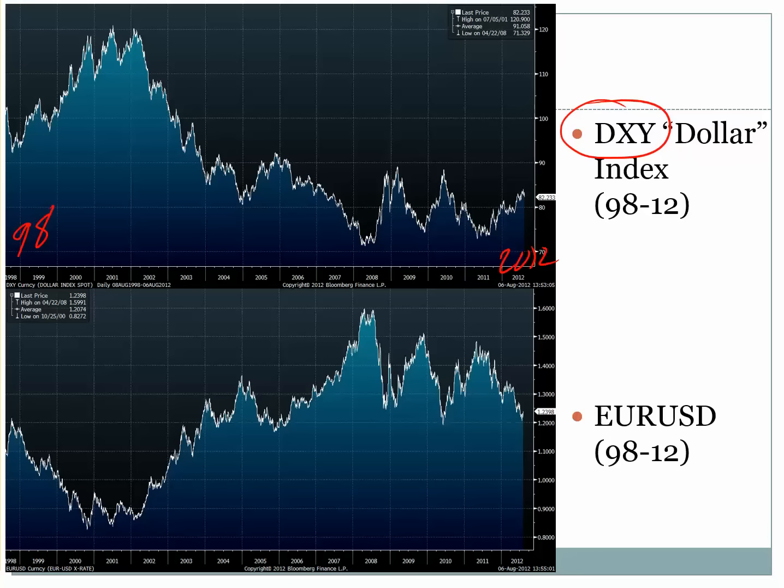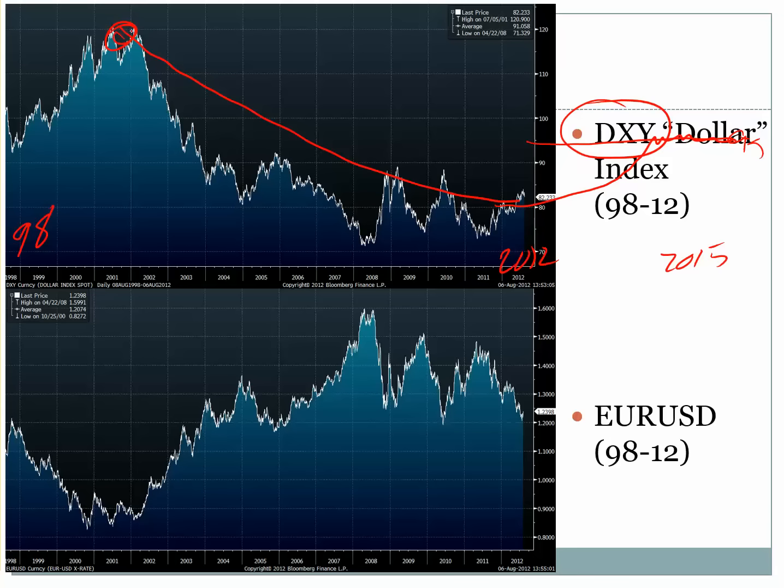When you weight the dollar's exchange rate against our trading partners, what you see is since early 2000, it's been a steady decline in the value of the dollar, and it's almost near all-time lows. However, if I were to extend this out to 2015, the value has come back to about 95. So it's come back up, and it's been in the 95 range.